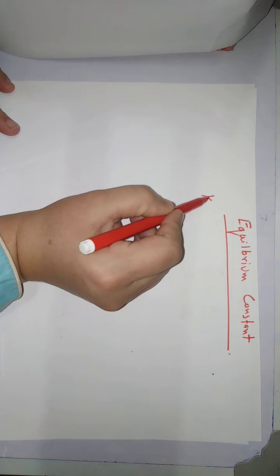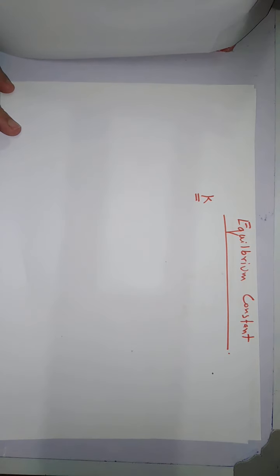Today we discuss the topic equilibrium constant. What is equilibrium constant? It is a number that expresses the relationship between the amount of product and reactant present at the equilibrium in a reversible chemical reaction.